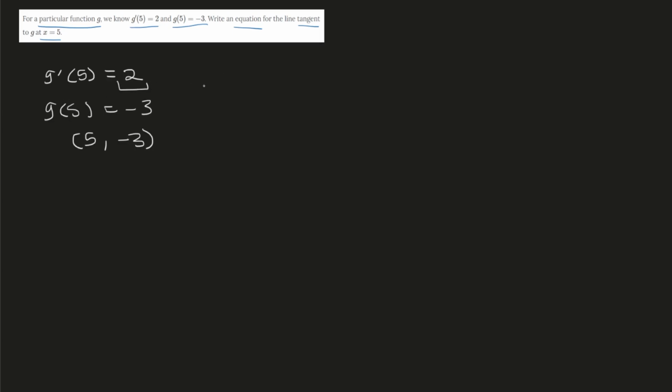So the slope of the tangent line at x equals 5 is 2. We know that because the slope of the tangent line is the same thing as the derivative at that specific point.